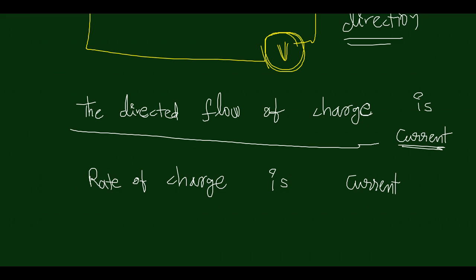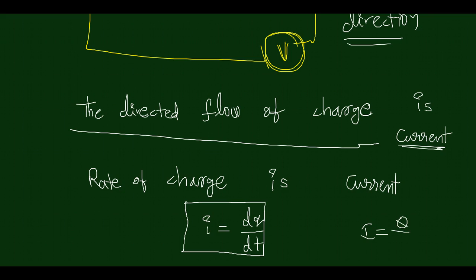The rate of charge flow is current, and mathematically we can represent current as rate of change of charge, that is I equal to Q by T. And what is the unit for the current? Amp.